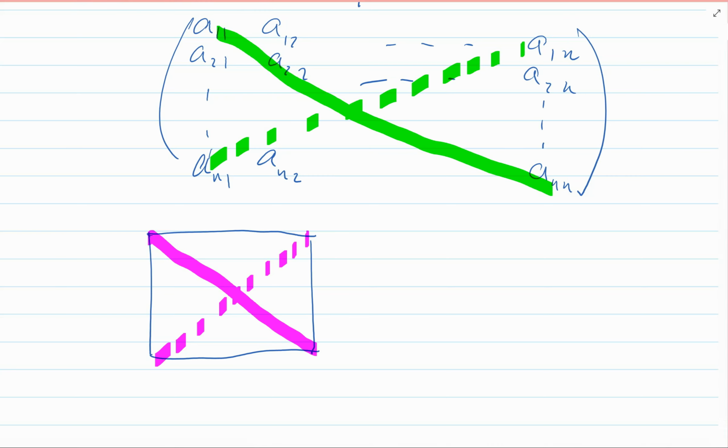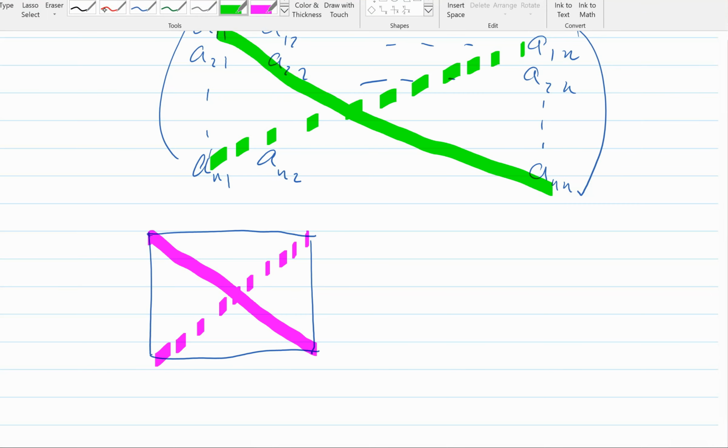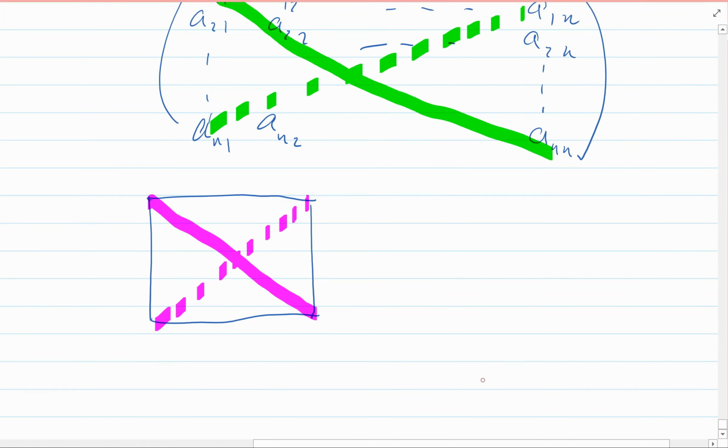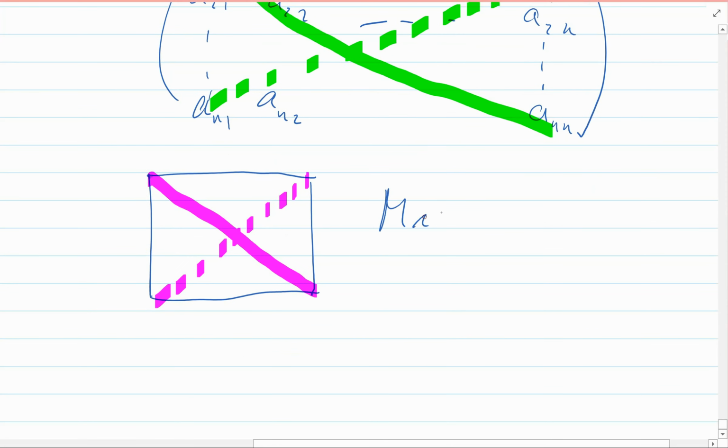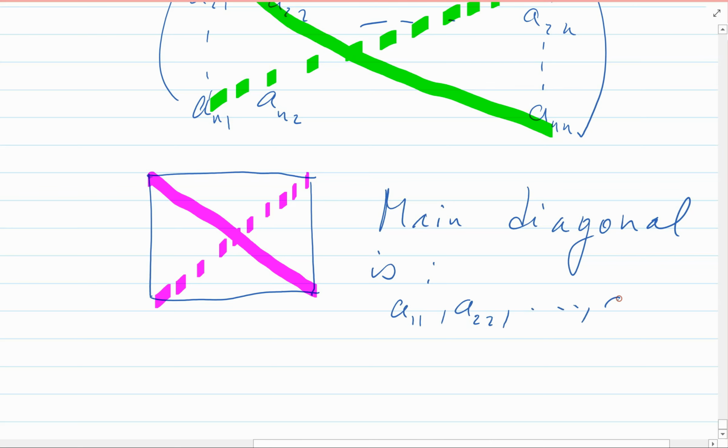So what are the elements on the main diagonal? The main diagonal of a matrix is given by the numbers A11, A22, etc., Ann. This is for a square matrix.